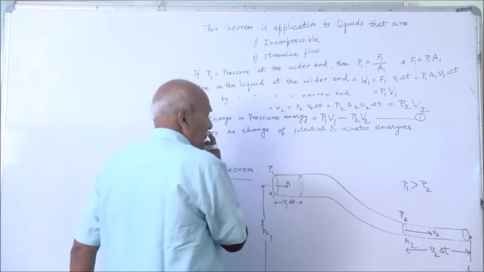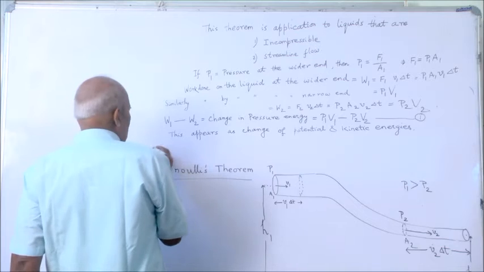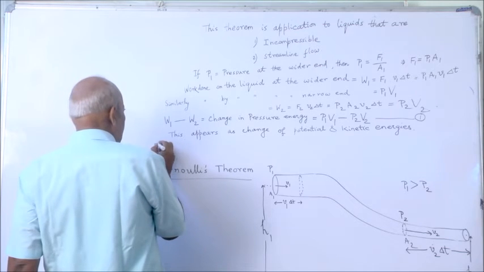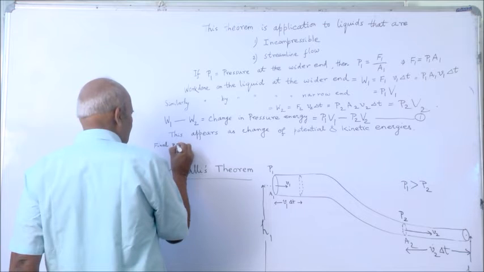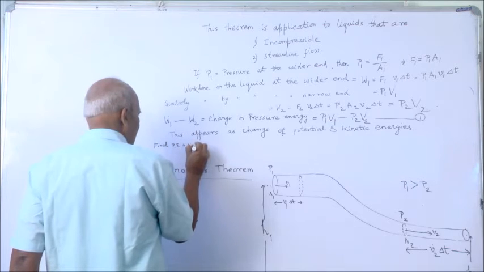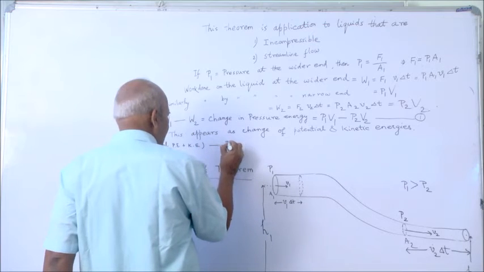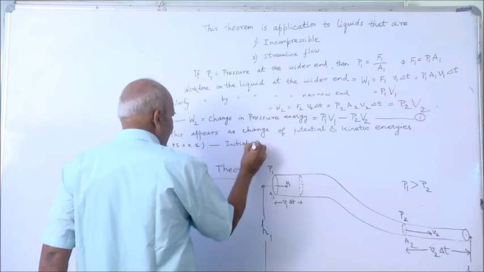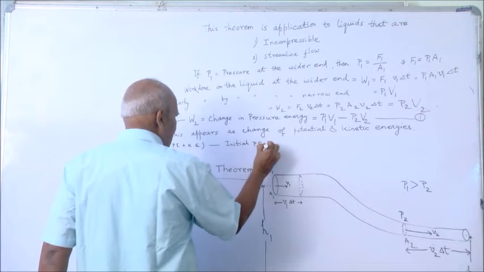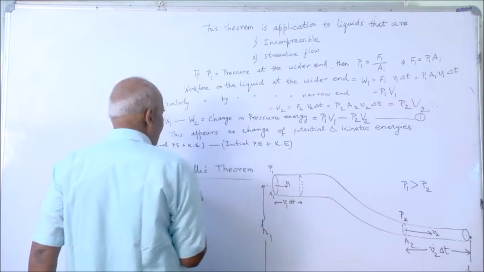So, to know this, the difference of the two energies: final potential energy plus kinetic energy minus initial potential energy plus kinetic energy.